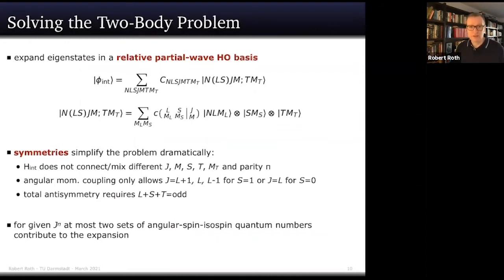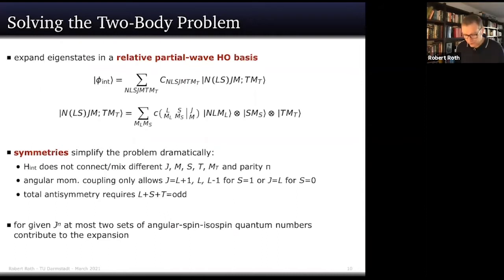And in total, it has to be antisymmetric. And that means that this sum has to be odd, because if one of these numbers is odd, that means in this part of the wave function, you are antisymmetric already.